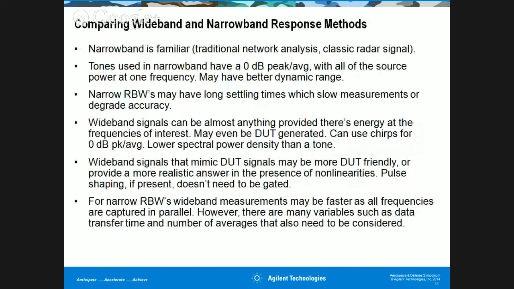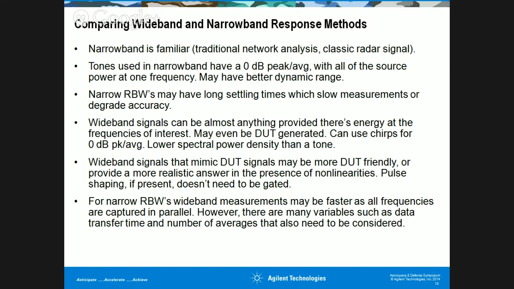Now this is the comparison of a narrowband mode with respect to the wideband response method. The narrowband mode method is almost familiar to everyone, which is based upon the traditional network analyzers, wherein we are sweeping the frequency and sampling the frequency and then getting the response with respect to each frequency. In the narrowband mode, the tones used have 0 dB peak to average ratio with all of the source power at one frequency.